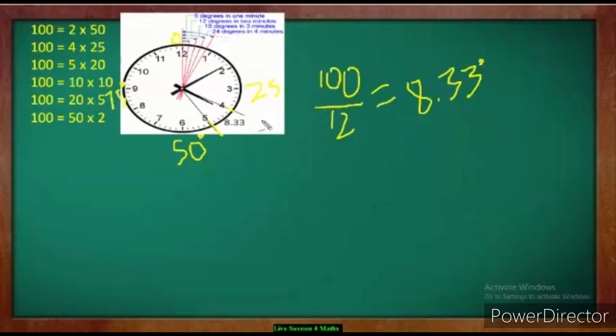So for 1 hour this hour hand will cover 8.33 degrees, or for 5 minutes this will cover 8.33 degrees.